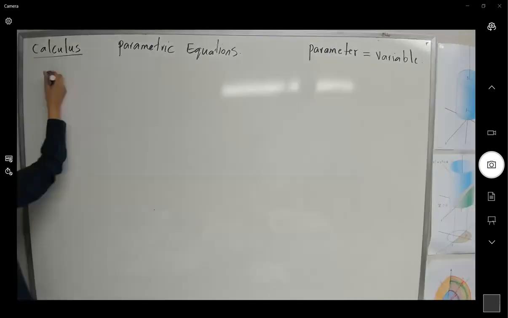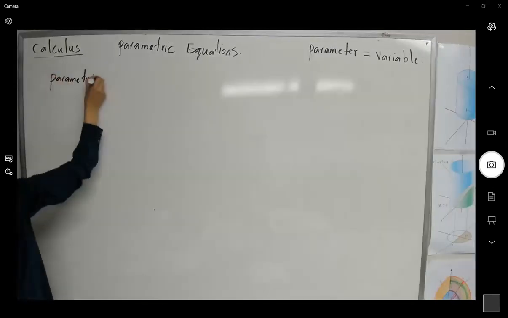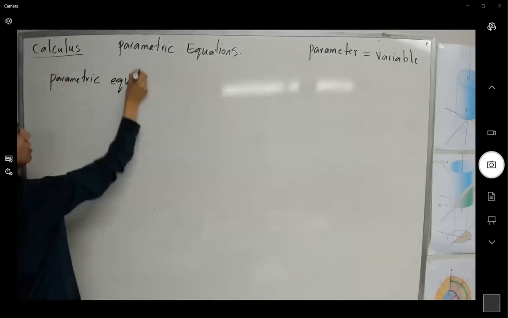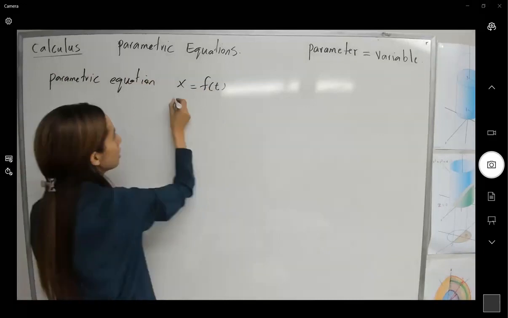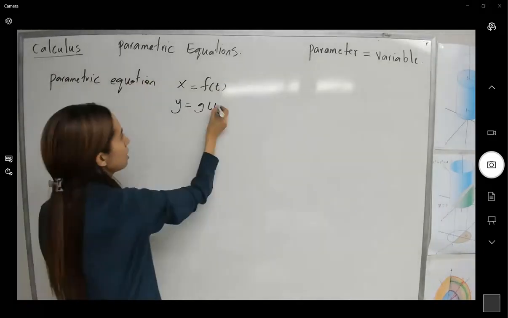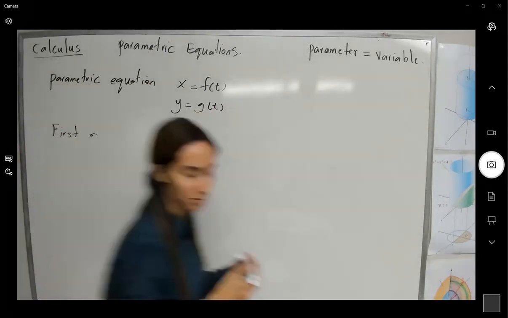A parametric equation is written as x equals f of t and y equals g of t, and we learned about the first derivative first.